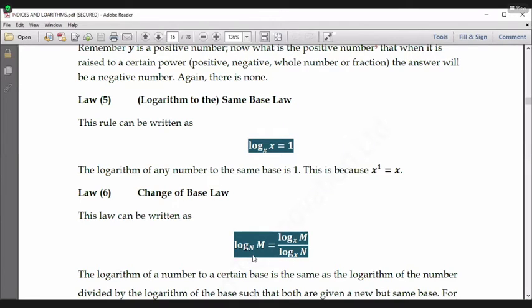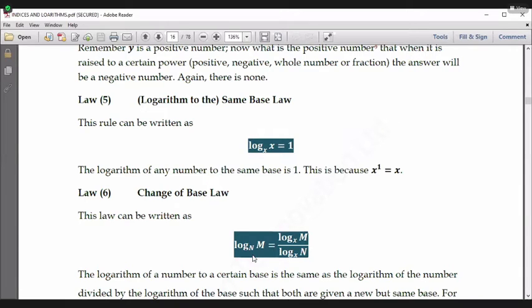Therefore, you can write log to base 3 of 7 equals log to base 10 of 7 divided by log to base 10 of 3.